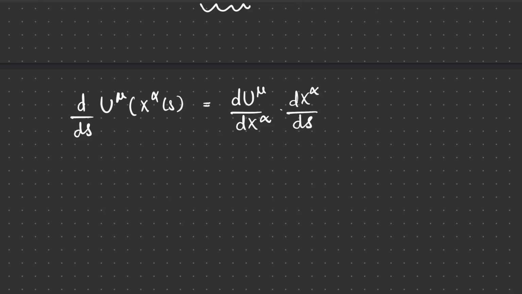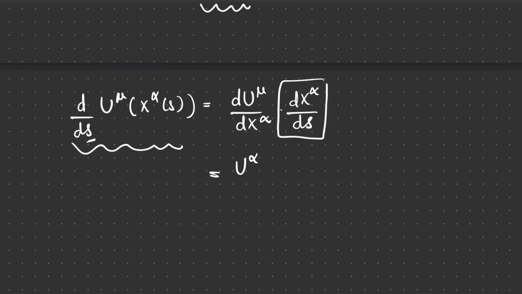So it's just simple manipulation. You remove these two things and you get back the derivative with respect to proper time. Okay, so if you look closely, this is nothing but the four-velocity u alpha. So this means the derivative with respect to proper time of the four-velocity can be given as this term.